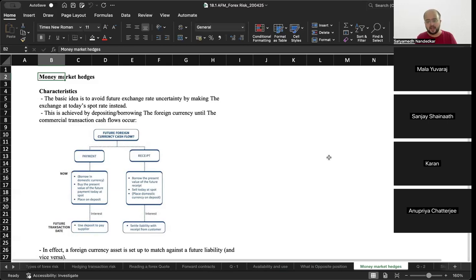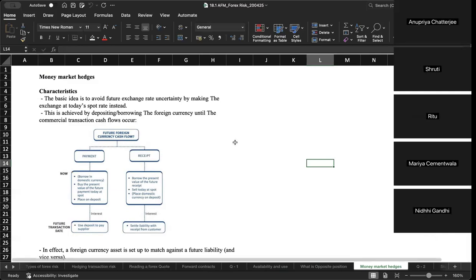Now, along with looking at the forward contracts, there is an instrument that is known as the money market hedge. Now, can you tell me what is the money market, not the hedge, just the money market? Shruti, what is the money market? So where transactions take place, buying or selling of any money market instrument.